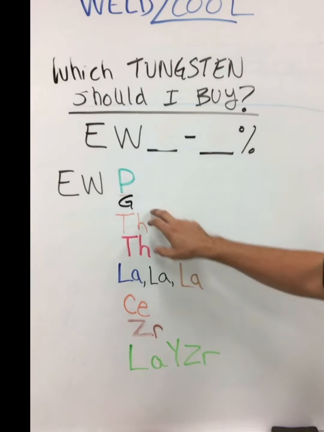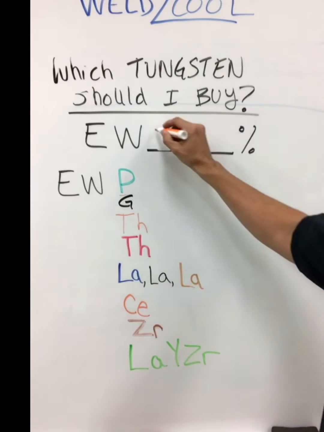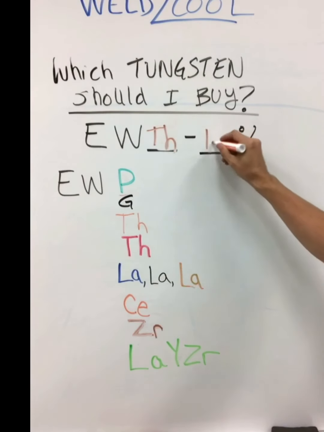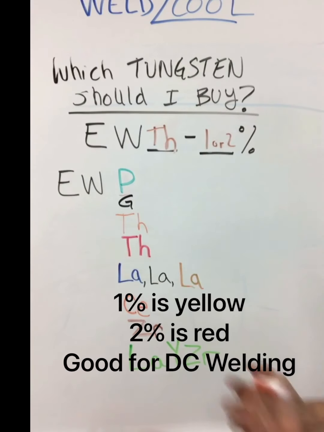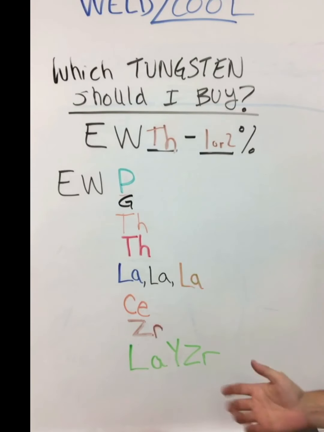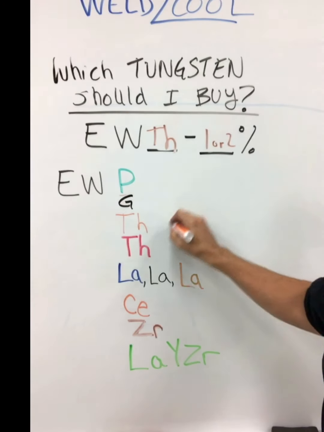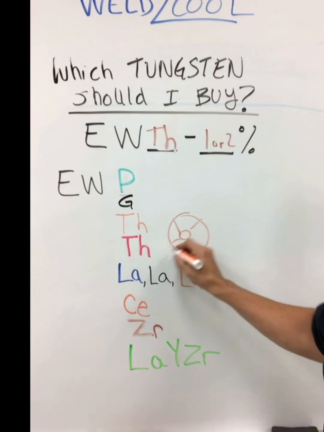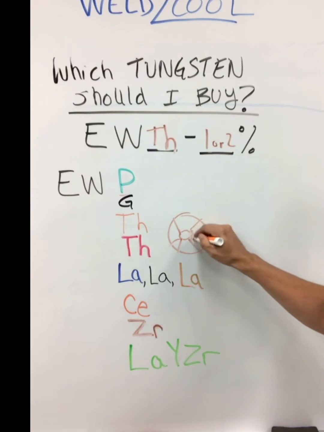But now we're starting to look at EWTH, okay? That's thorium oxide, and we can find these in 1 or 2% typically. They actually do make a 4% thoriated tungsten out there. One thing you want to keep in mind with your thorium is the fact that it is radioactive.